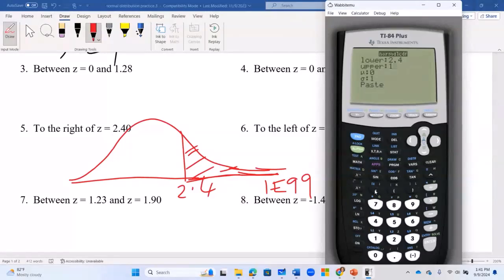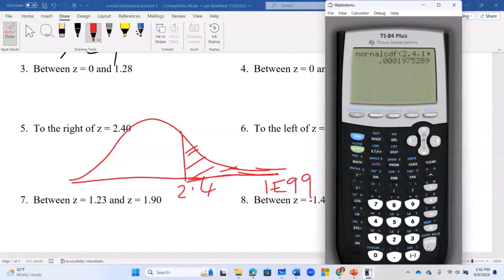The e is the double e above comma. 1e to the power 99. Did you get it? Hopefully, but I'm recording it though. The mean of a standard normal is 0. Standard deviation of a standard normal is 1. Paste. And then I hit enter.